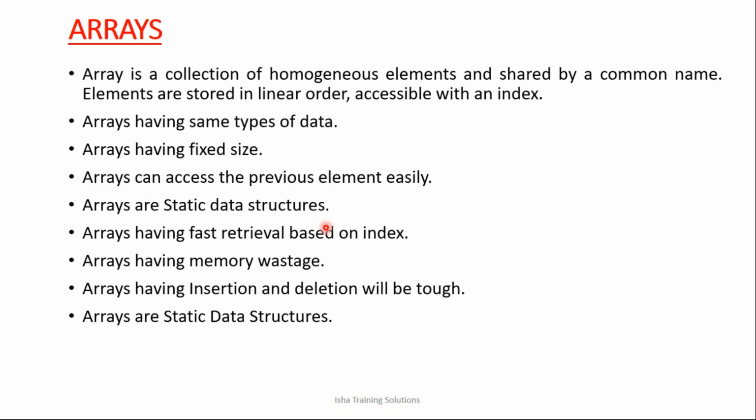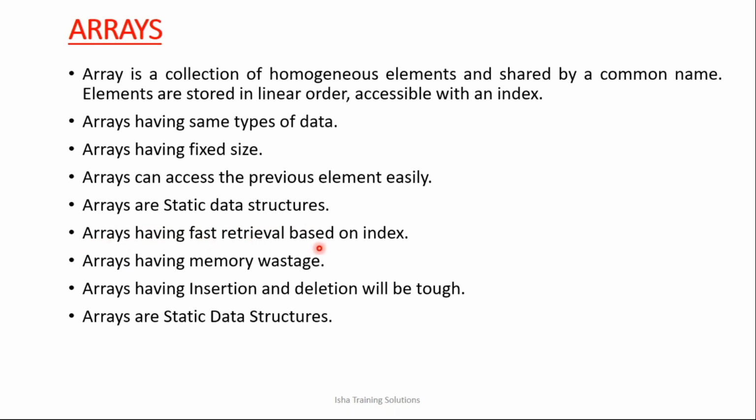For example, we have already seen what a static variable is: a variable in which a particular value is present constantly for the entire program. Whereas a simple variable is a dynamic variable, whose value can be changed as per the need in the program. So arrays are static data structures.